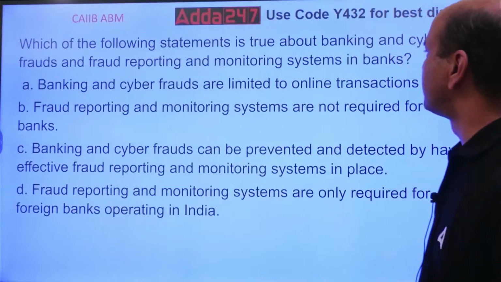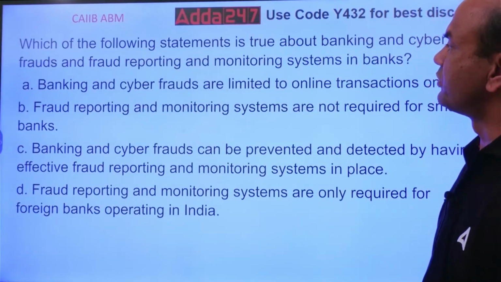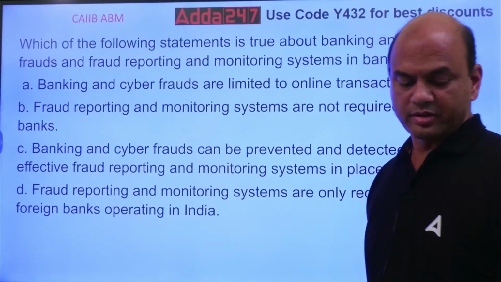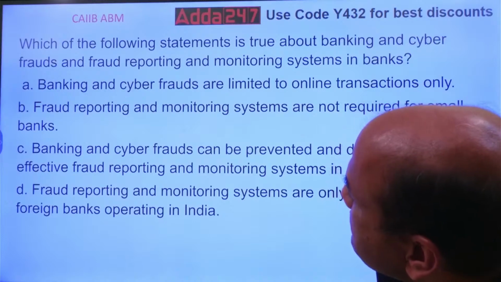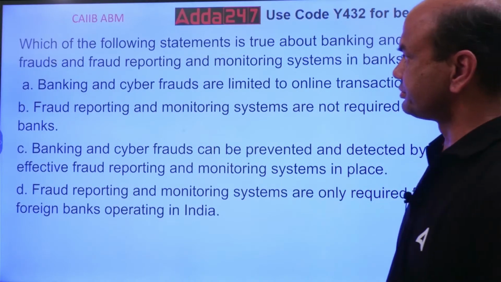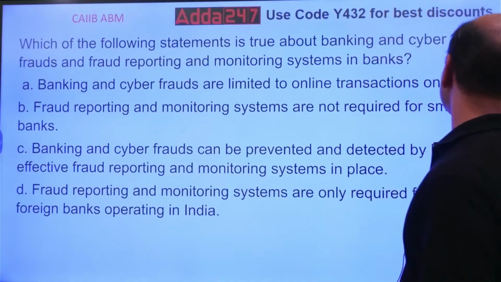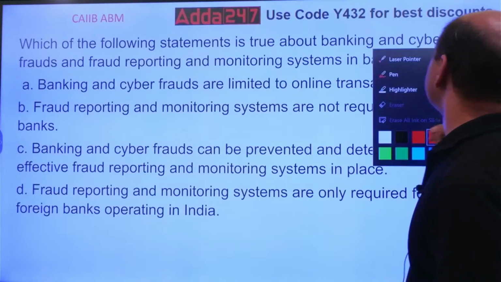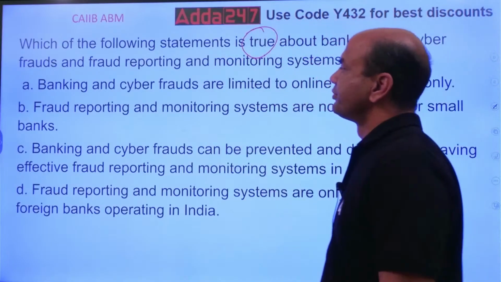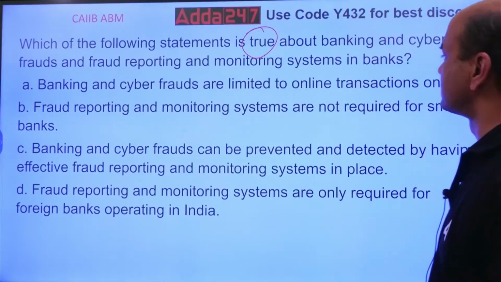Which of the following statements is true about the banking and cyber frauds and fraud reporting and monitoring system in the banks? So which of them is true? Read this, everyone. Kindly note. What you want is true. Okay? Focus on this. True. Banking and cyber frauds are limited to online transactions only.